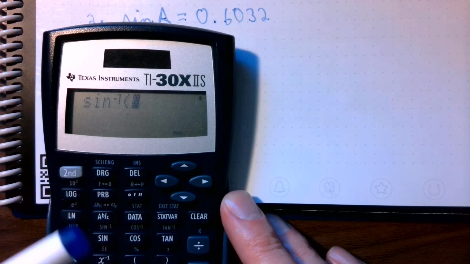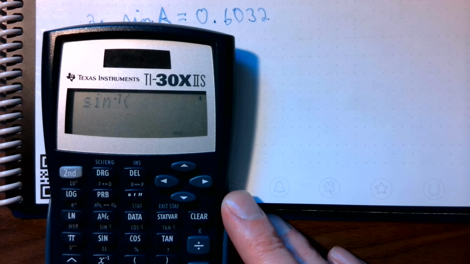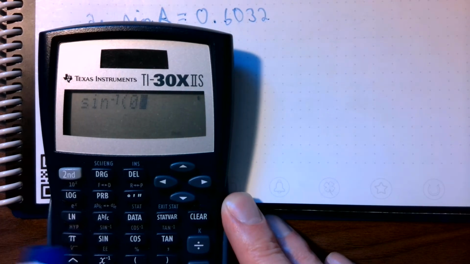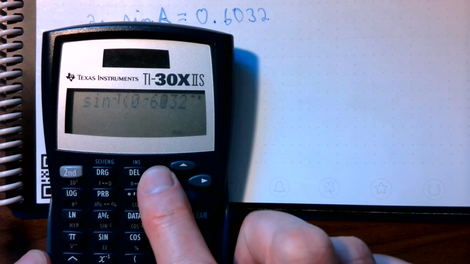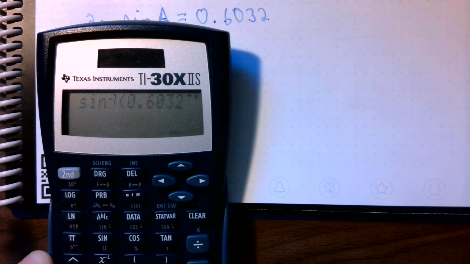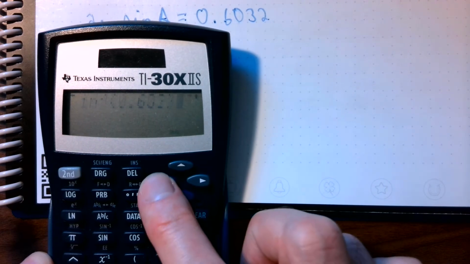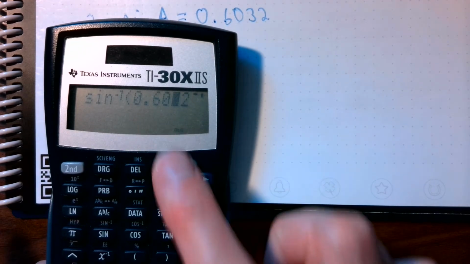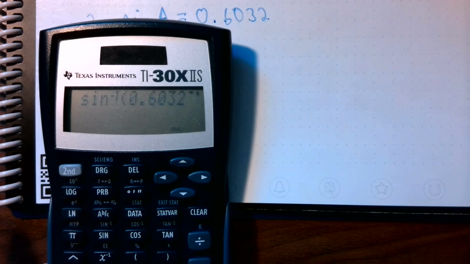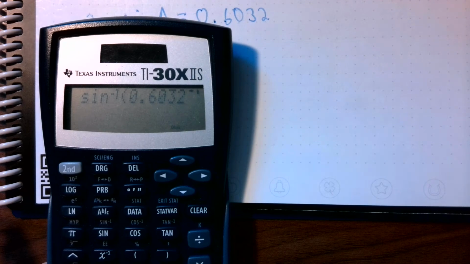And that exponent of -1 just indicates that we're doing the inverse. And now I put 0.6032 as the input. Whoops, I put a little minus there. It should be a decimal point, not a little minus. Okay, so sine inverse of 0.6032. I press the enter key.